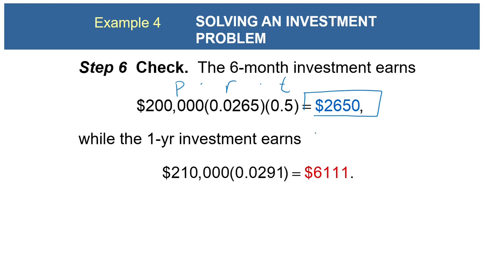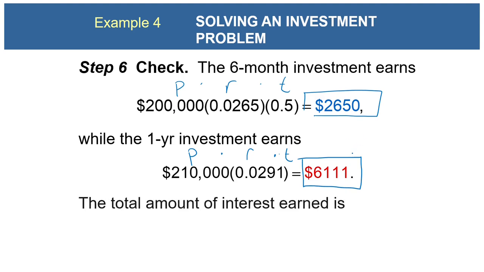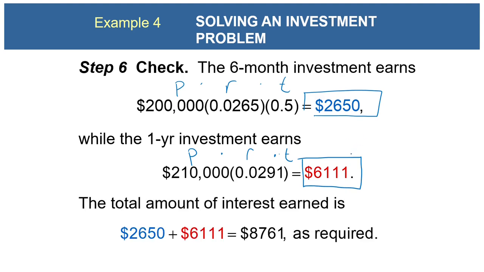While the 1-year investment earns, we have a principal of $210,000 times an interest rate of R, which is 0.0291, and the time is just 1 year, so we don't need to multiply by 1. This gives us an interest of $6,111, and if we add these two up, we should get the $8,761 that we need. So we know we did this problem correct.